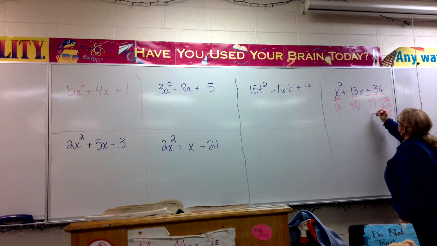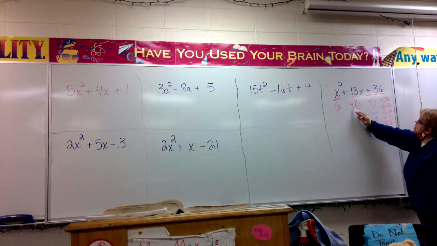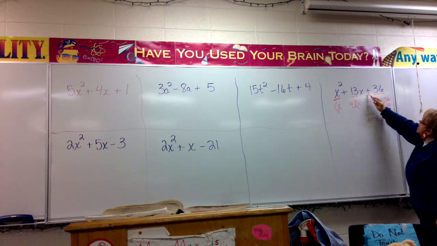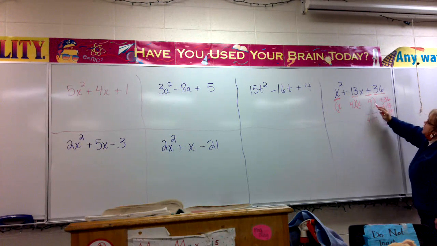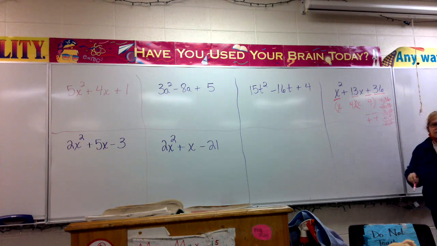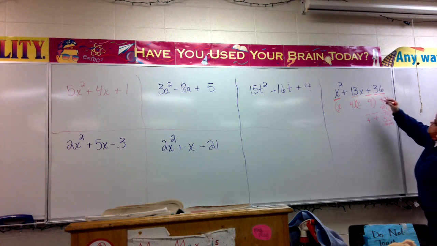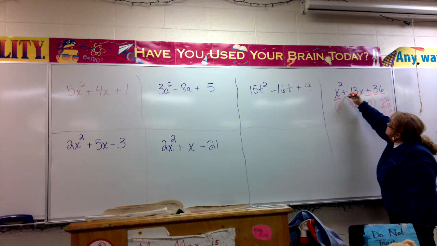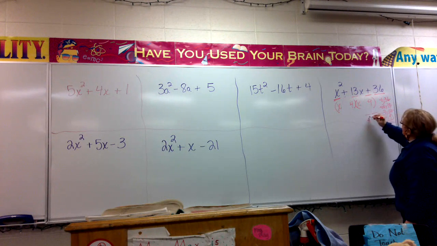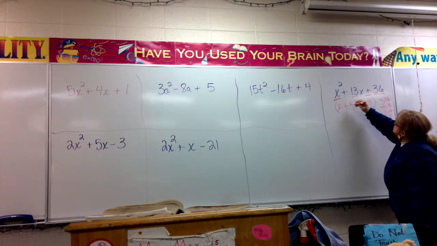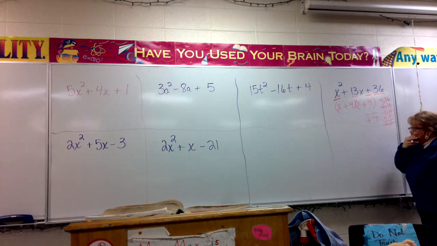Right. It's got to be negative times negative or positive times positive. That's the only way you can multiply. Negative times negative gives me a positive, and positive times positive will give me a positive, right? To figure out which, then you look to the middle sign. Since it's positive, you know those have to be positive, positive.